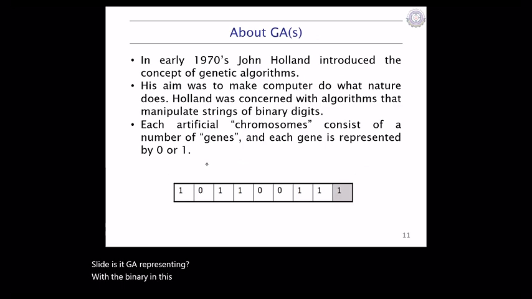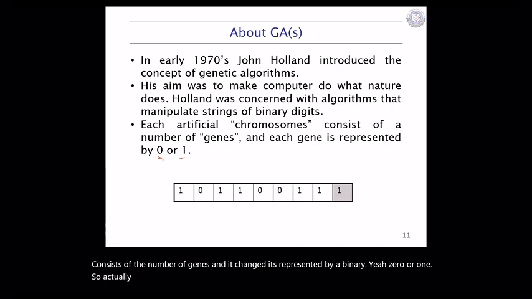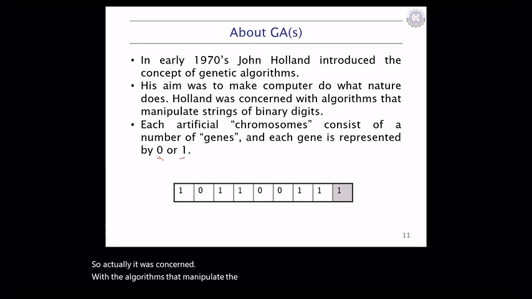Each artificial chromosome consists of a number of genes, and each gene is represented by a binary digit, 0 or 1. It is concerned with algorithms that manipulate strings of binary digits. It is the algorithm found by John Holland.